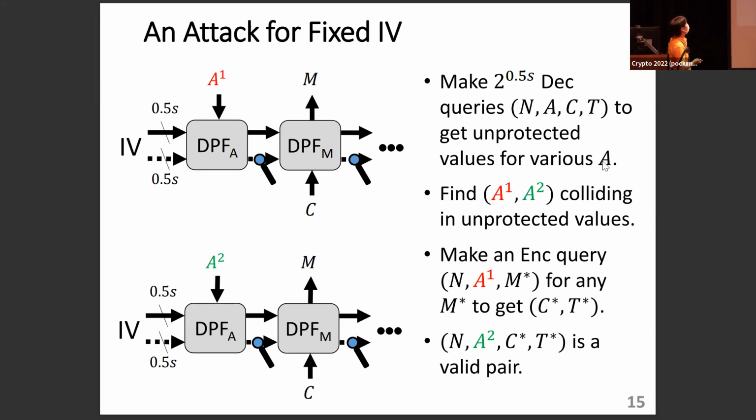But for side channel adversaries, if some state is unprotected, they can detect the collision of the associated data, and later they can play with encryption queries to generate some invalid attack data. So this is a generic attack. As long as unprotected state is used, this attack works. So we need additional features to prevent this attack.